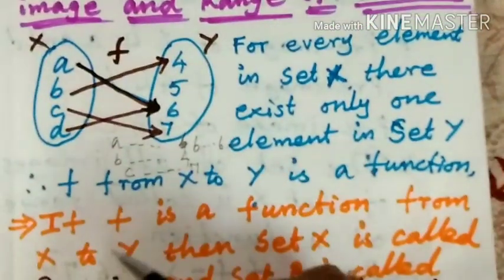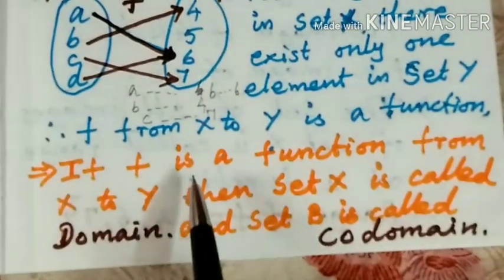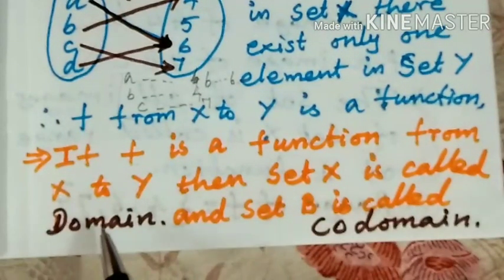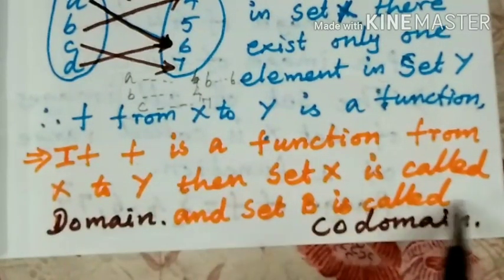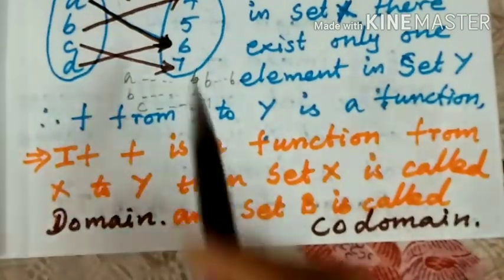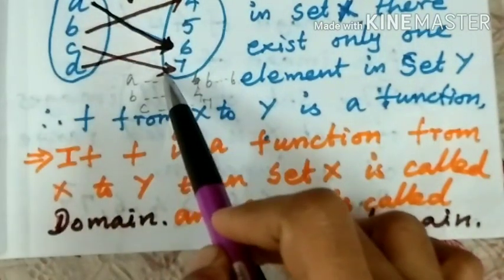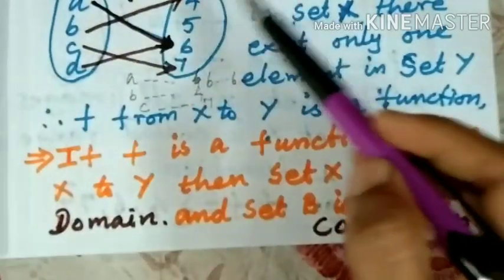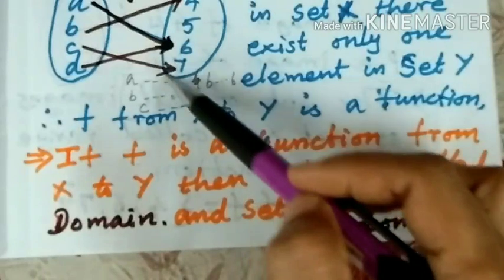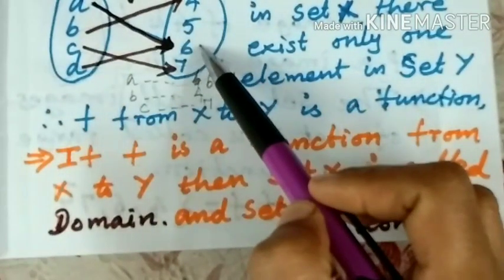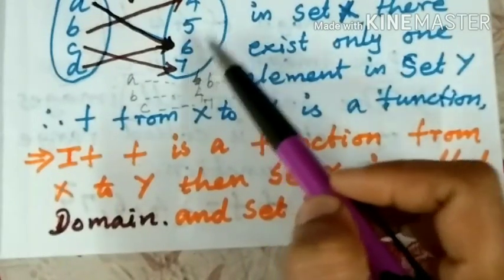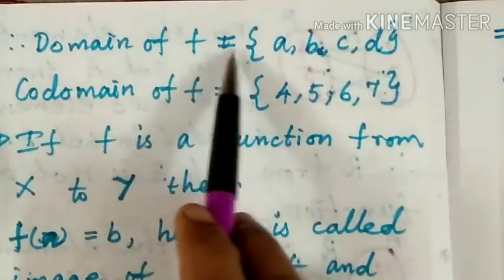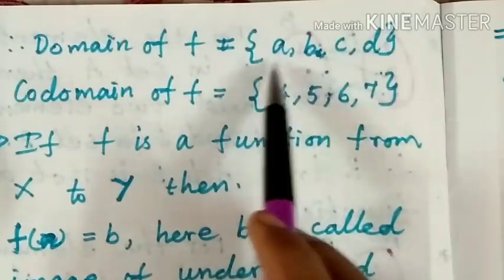From this, we conclude that if f is a function from X to Y, then set X is called the domain and set Y is called the codomain, which means in this relation the first set X elements are called the domain and the second set Y elements are called the codomain. So the domain of relation f equals {a, b, c, d}, that is all the elements of the first set.